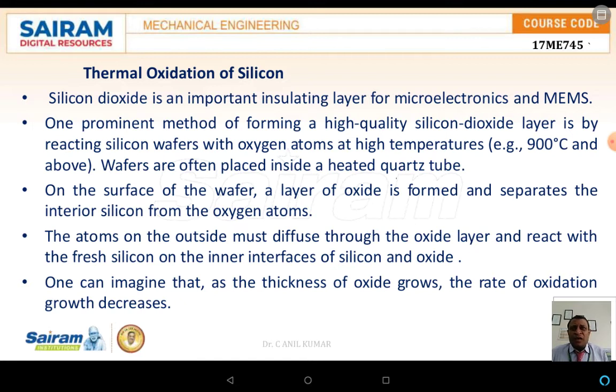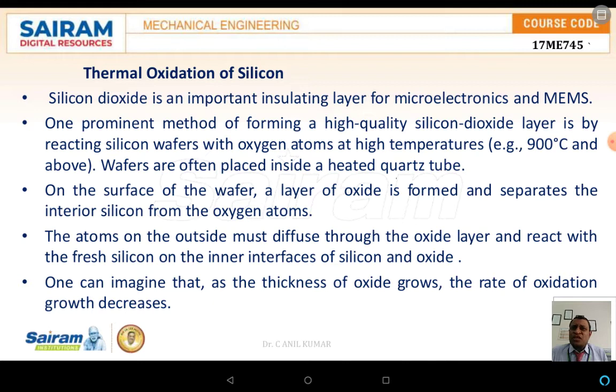On the surface of the wafers, a layer of oxide is formed, and it separates the interior silicon from the oxygen atoms. The atoms on the outside must diffuse through the oxide layer and react with fresh silicon at the inner interface of the silicon and oxide.